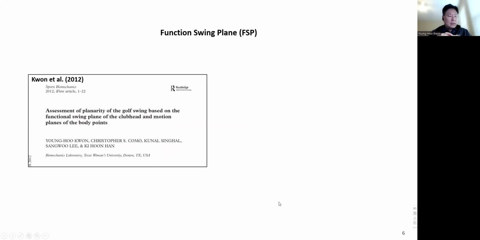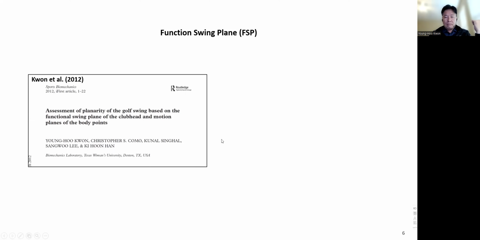Okay, then let's talk about the so-called functional swing plane. This is the definition I developed. This was initially reported in our paper published in 2012, the assessment of planarity of the golf swing based on the functional swing plane of the club head and motion planes of the body points.